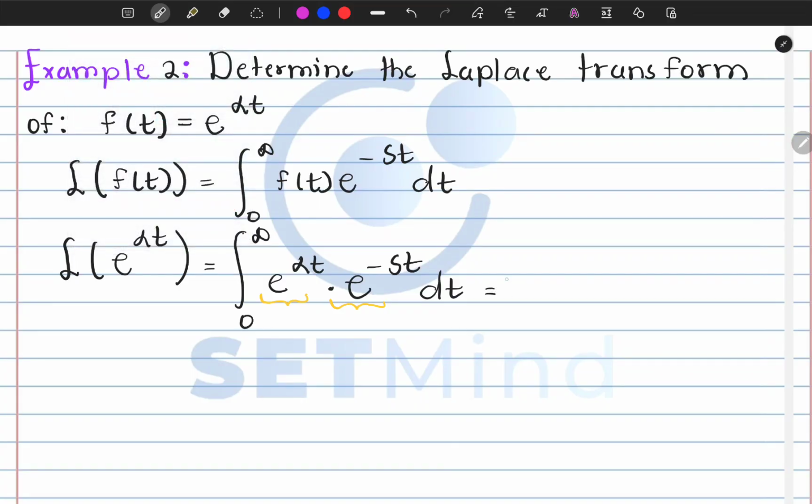So this integral is the same as finding the integral from 0 to infinity, and the base will now be the same, and we add the exponents. So if you look carefully, I will have alpha minus s, and then I'm going to have the t like that. And the t will be sitting there. And then we will have dt there.